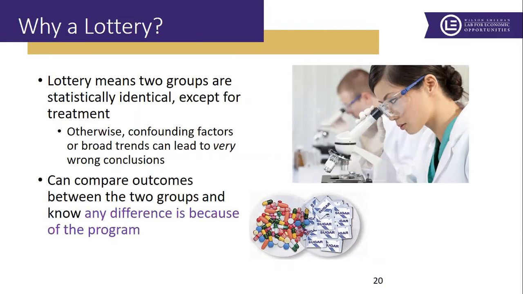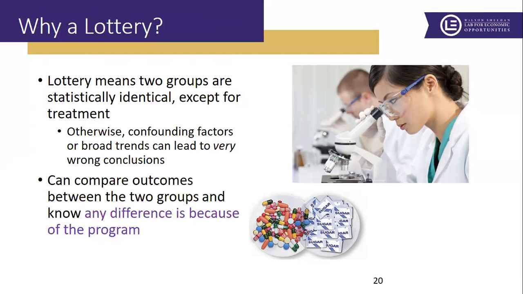So for instance, if you just picked a bunch of kids who were interested in Coral and compared them to a bunch of kids who weren't interested in Coral, these are not two groups that are going to be statistically the same at the beginning of the program, at least on unobservable characteristics, because the kids who are interested in Coral might be more motivated to work on their grades. Maybe they were just ready to do that. They wanted to sign up for Coral. And so you would expect that group to do a little better than the group that wasn't interested in Coral or didn't have that chance to sign up and think about it at the time.